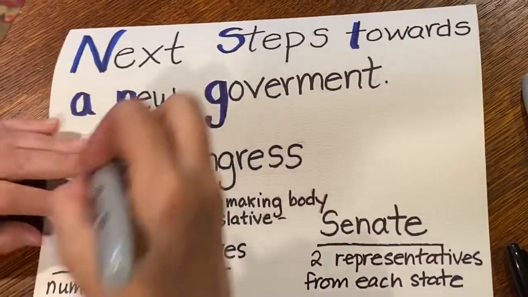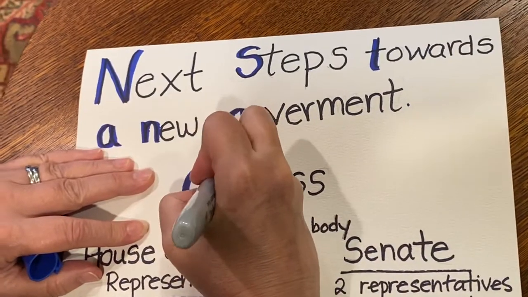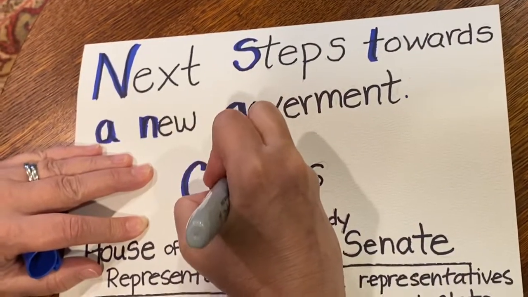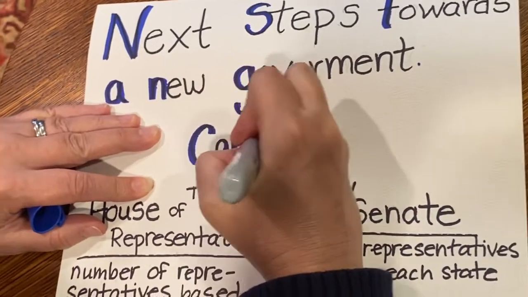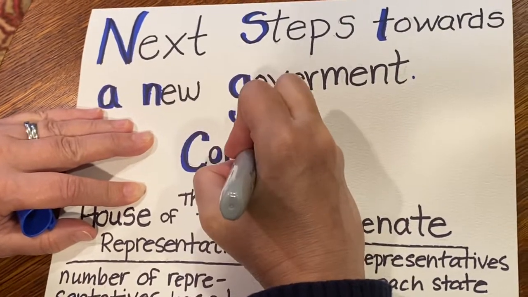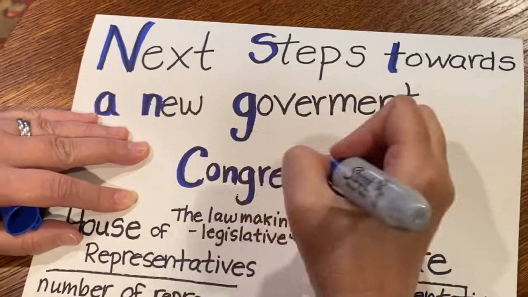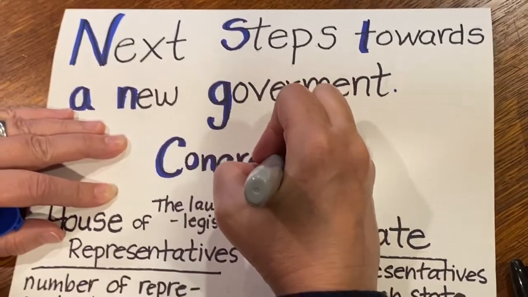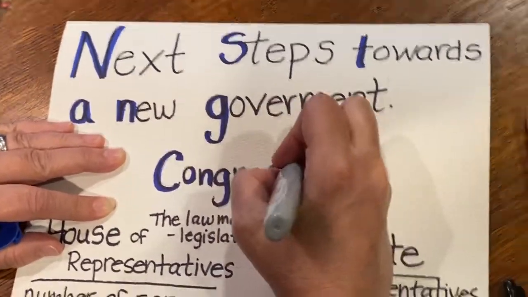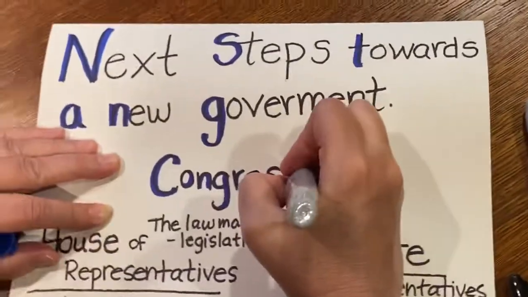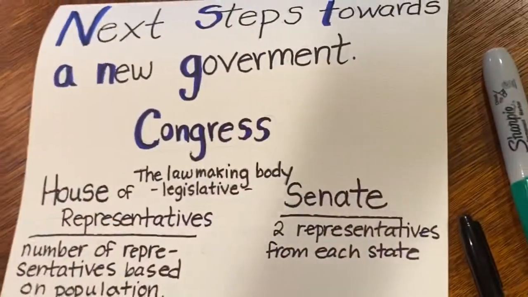Okay, so then I'm going to talk about Congress. So I think I'm going to do the outline on each of those. You can choose your own way to do this, but I always really like it when a poster is really neat and polished looking because it really gets people's attention.